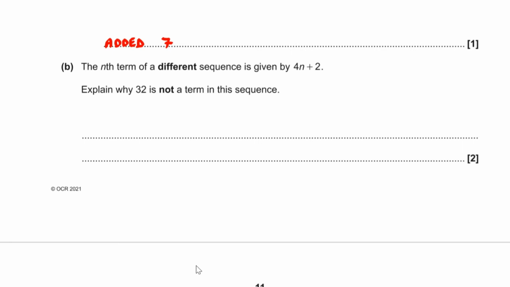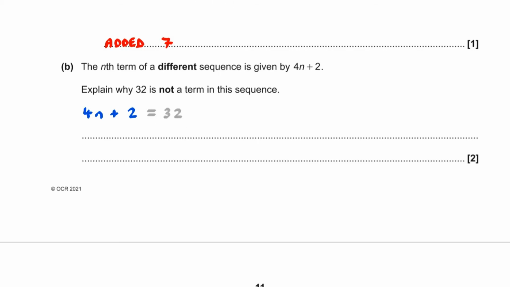The nth term of a different sequence is given by 4n plus 2. We have to explain why 32 is not a term in the sequence. Well, what we can do is we can set the 4n plus 2 equal to 32.